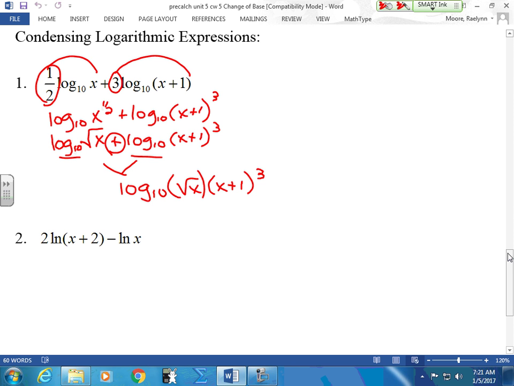I think the major goal is to see where are these coming from. And you want to get rid of these before you condense. You can't condense this with these coefficients out here. So those, you have to get rid of those. Okay, and the last one, what would I do here? What's the first thing I have to do? Bring the 2 up. I got to get rid of that 2.